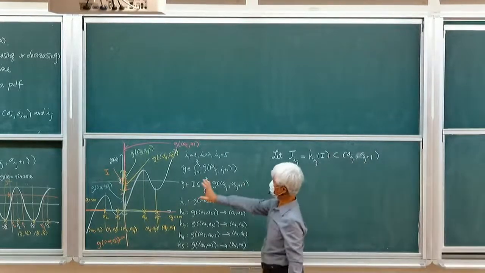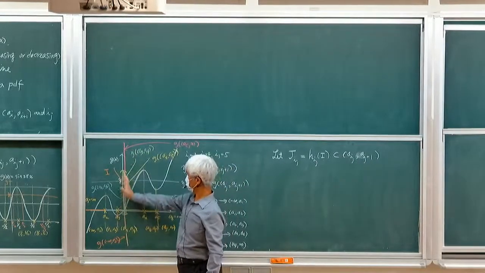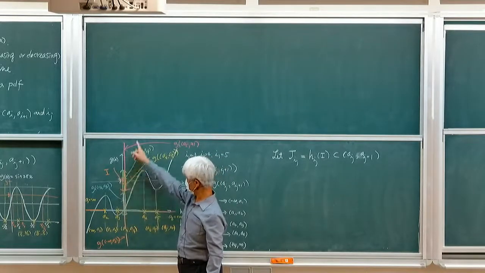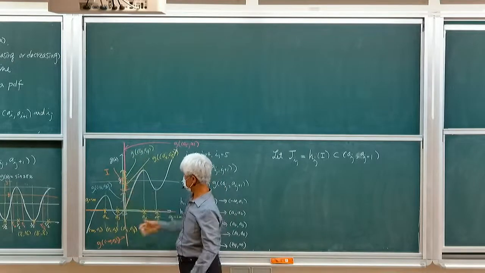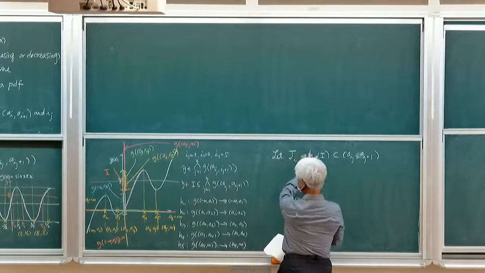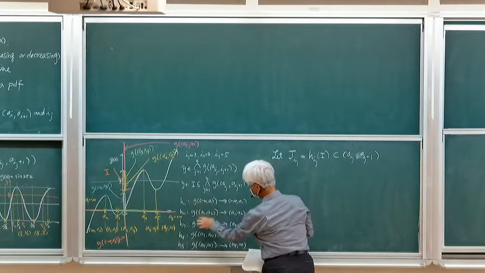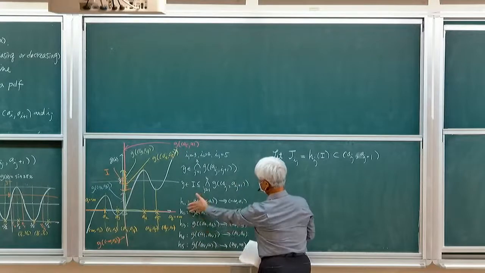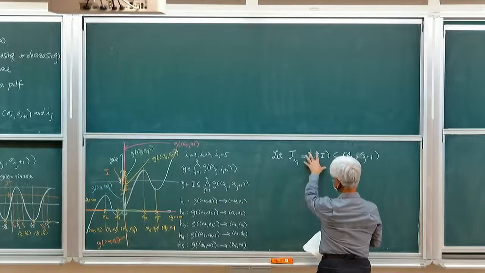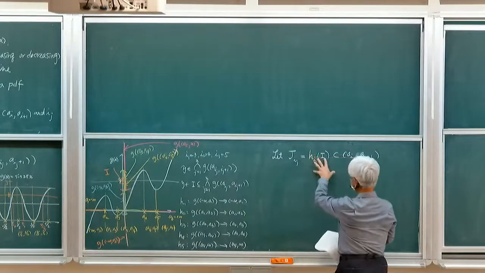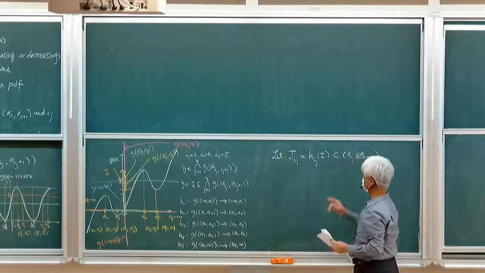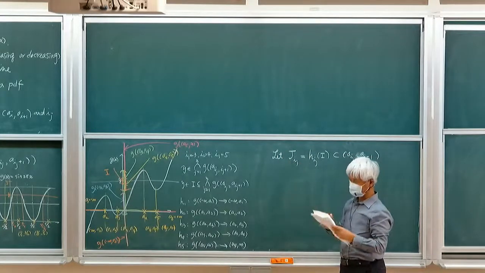Because now I is in the y-axis, not in the x-axis. Because I is a subset of each of the range of the pieces, under the inverse mapping H sub I sub j, we have another interval J. Because I is an interval, J is also an interval, of course.